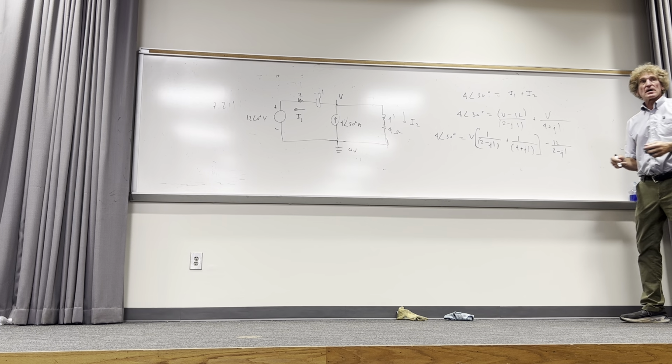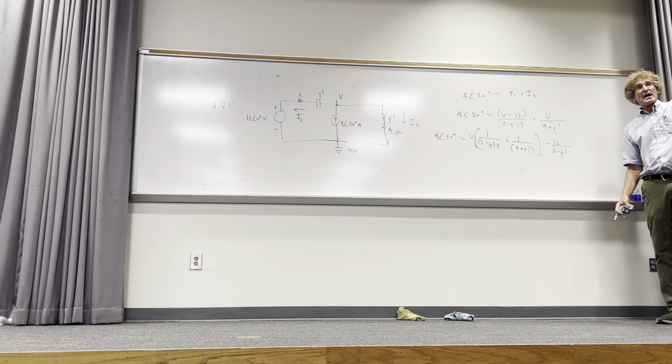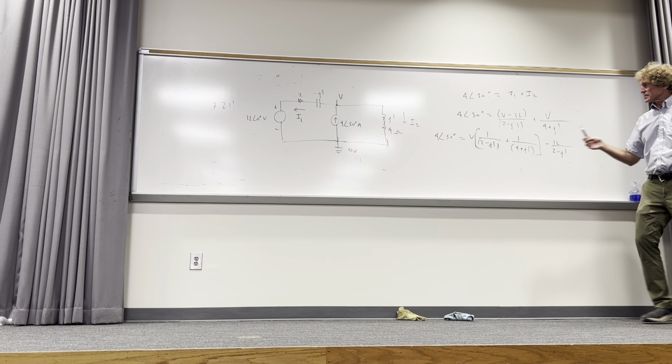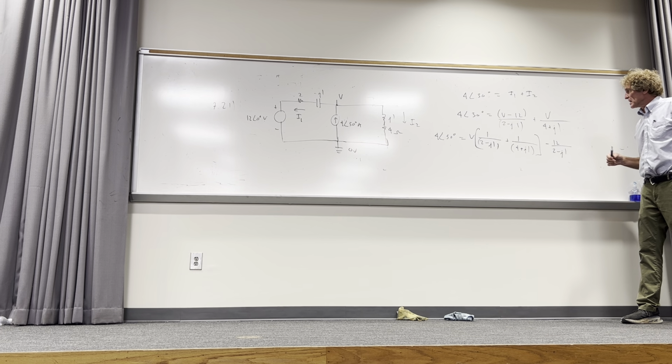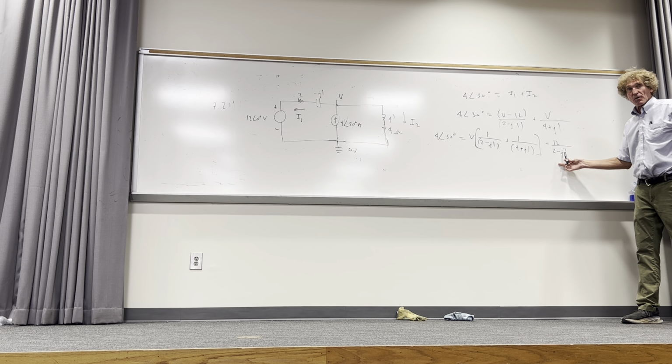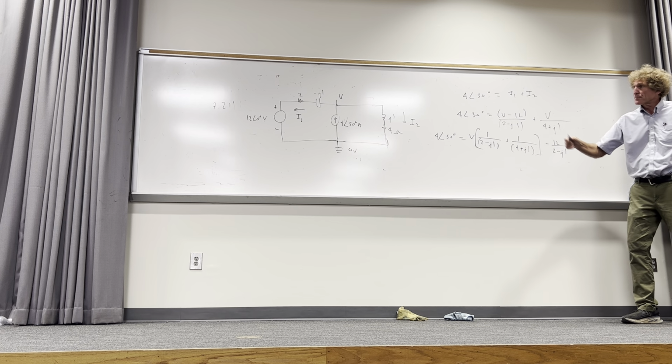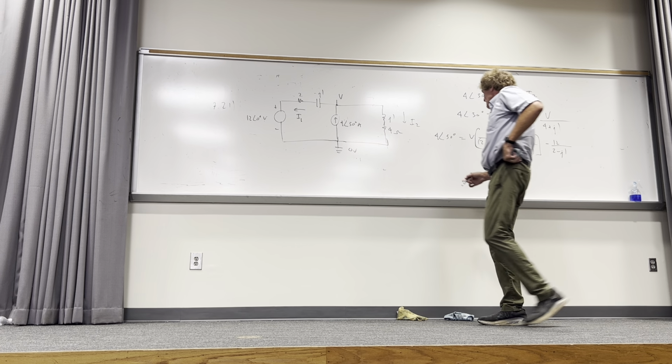Can everybody follow what I've done? And can you guys in the far back see this, by the way? Can you read this? Far back. Okay. So the only thing I've done is I've broken out V by itself times this coefficient, and then I've broken out this other part. Now this is a value, this is not a function of V, I'm going to take it to the other side. Everybody follow me on this? When I do that, what do I get?